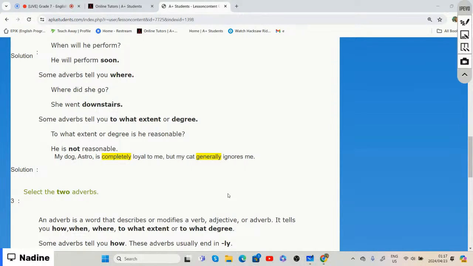And they describe completely loyal and generally ignores. And those are adverbs that tell us how. How is he loyal? How does he ignore you? Right?